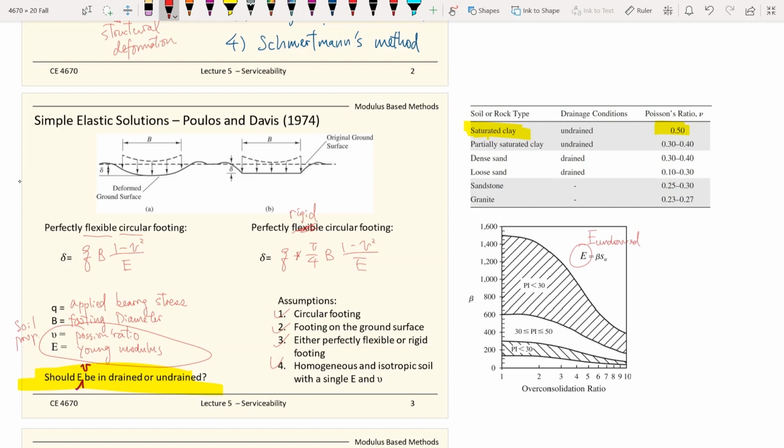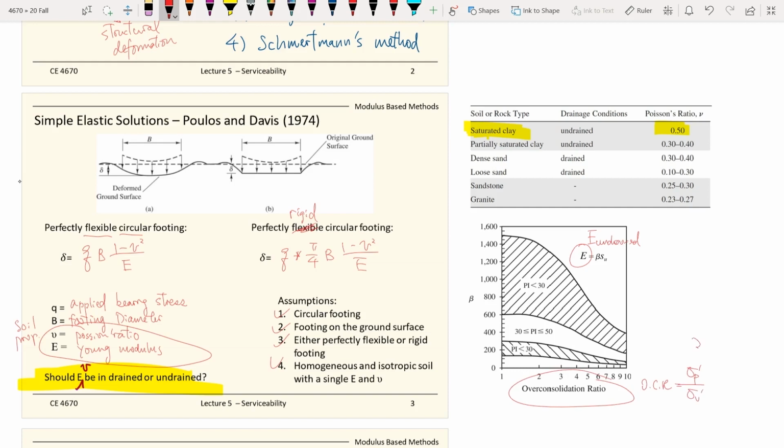So when you have a clay, the first thing you look at is the plasticity index and also the overconsolidation ratio. So remember this one, the OCR is equal to the maximum past pressure divided by the current effective stress.